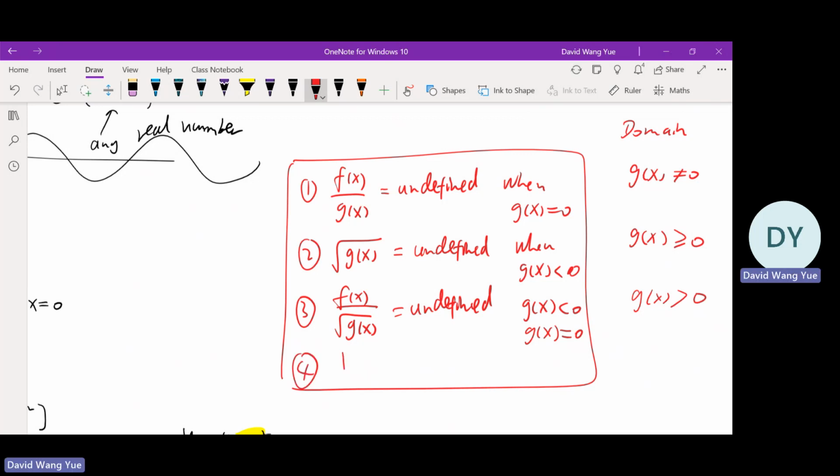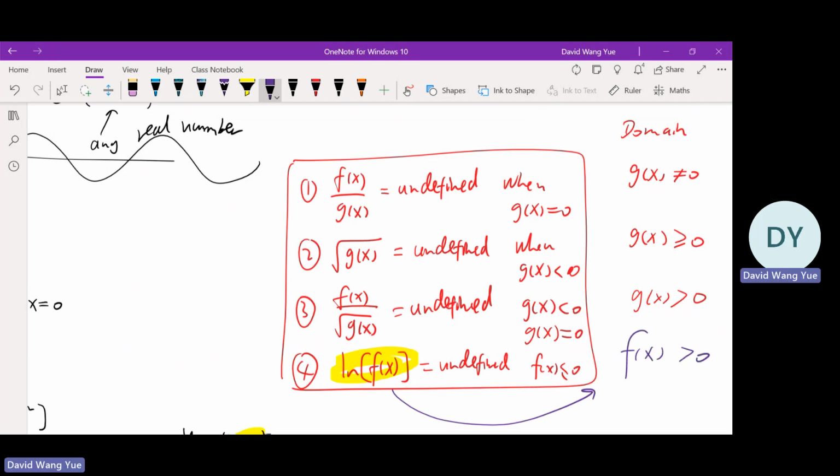The last one, if you have the logarithm of f(x), this will be undefined when f(x) is less than or equal to 0. So for a logarithm function, no matter what the base is, to make it defined, f(x) has to be more than 0. Take note of this. You may pause the video and take down the notes, or take a photo of what I'm writing here. This is very important for finding the domain.